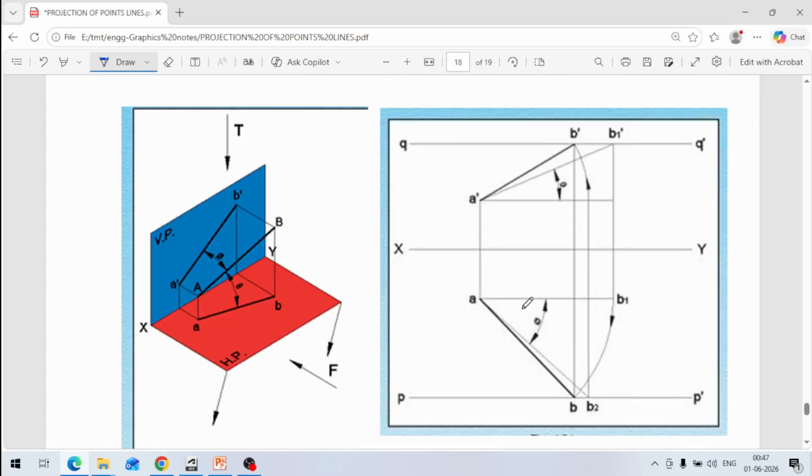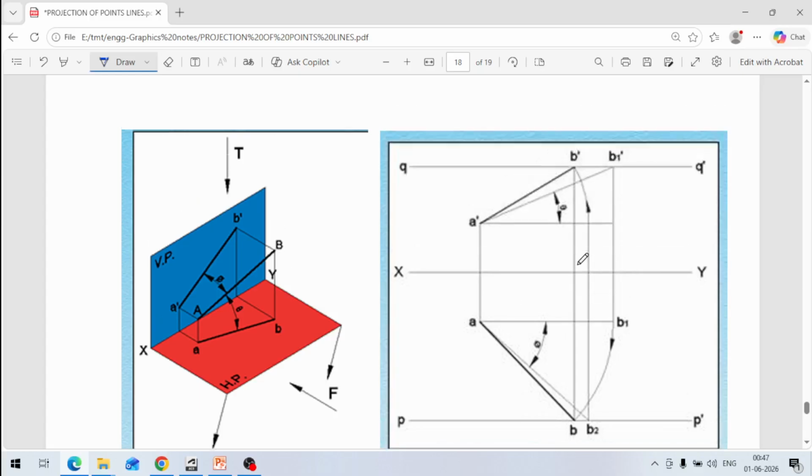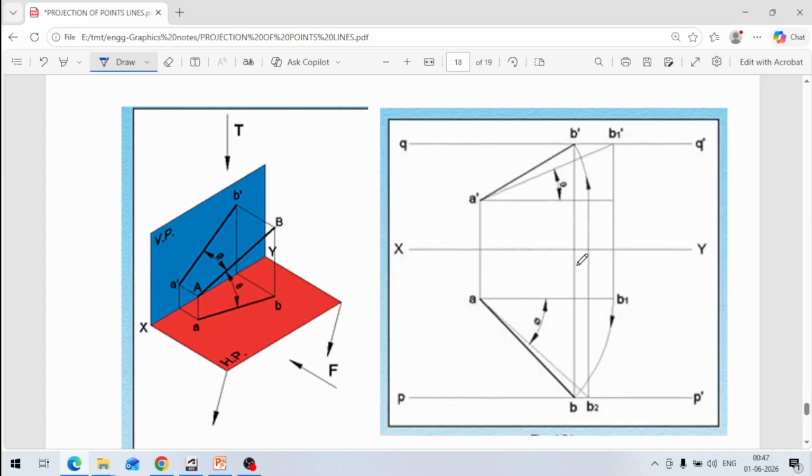So this way we can do this. How to draw it? In this figure also, if you see, these are the angles. This is your orientation line, this is your true length, and this is your orientation line, this is the true length. From there you just draw this vertical line like this.